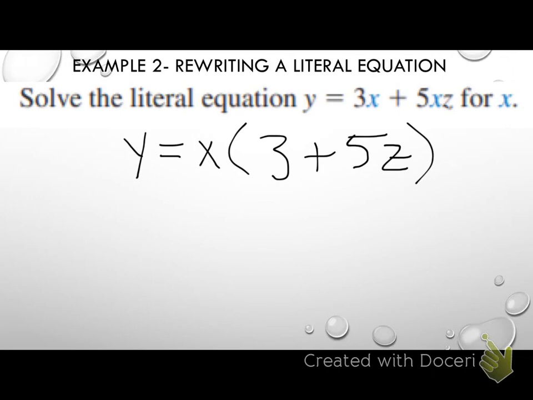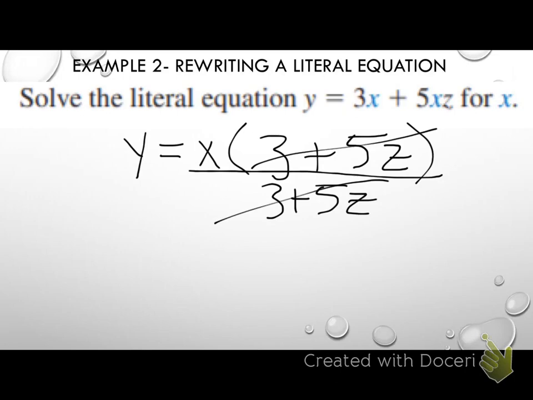So, now what I'm able to do, since I'm solving for X, what's the operation going on between X and the set of parentheses? Multiplication. What's the inverse of multiplication? Division. If I divide this side by 3 plus 5z, those will cancel out with each other. Does everyone see that?